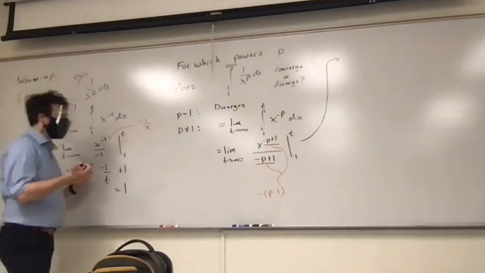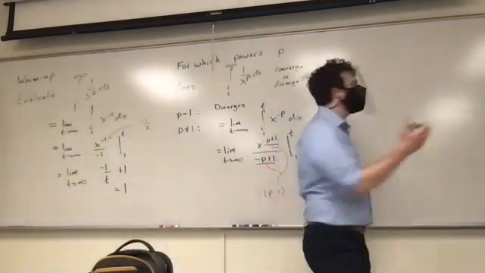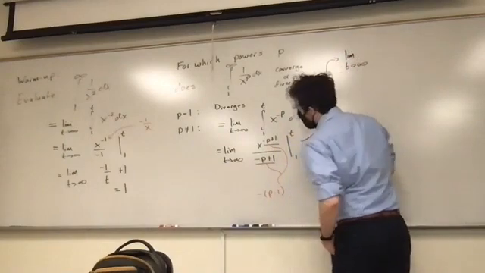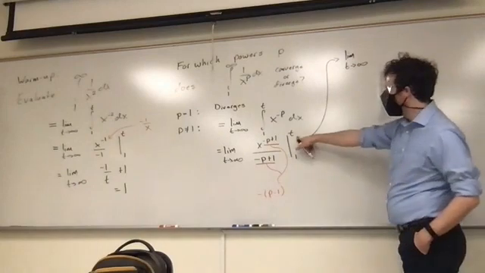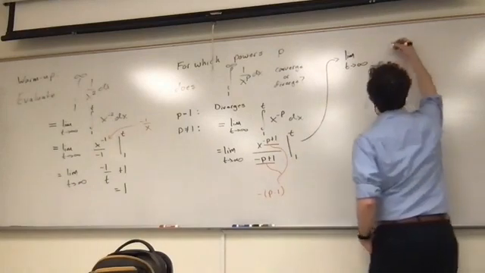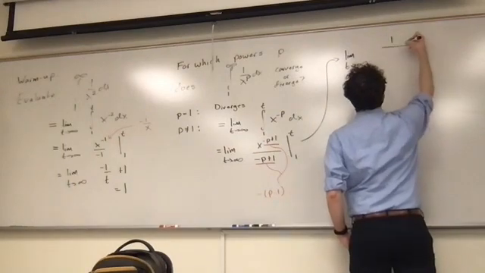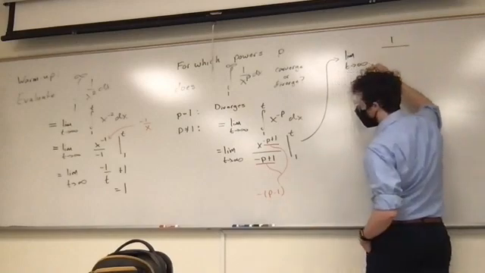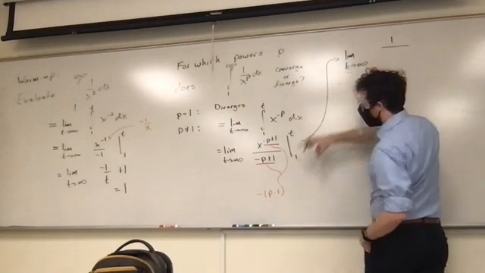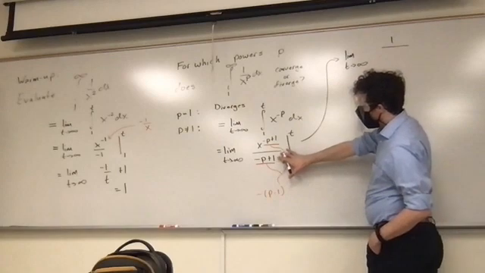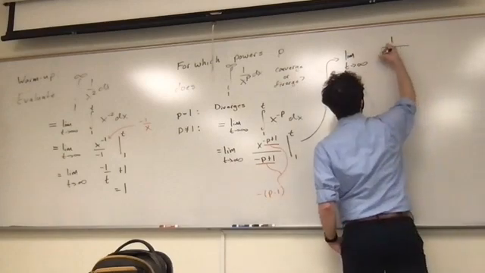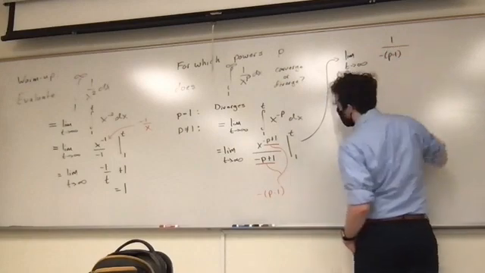So if we evaluate, our limit is still around. If we put t in, we're going to get a negative 1 on the top. In this first case, it doesn't matter so much if we make this simplifying, but I'll write this negative p minus 1.